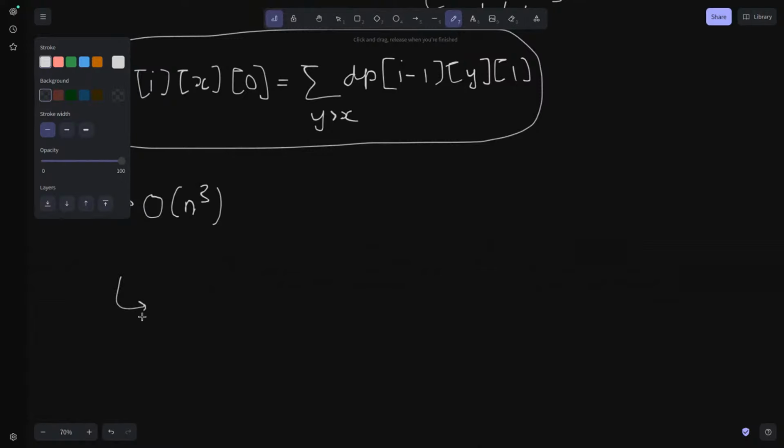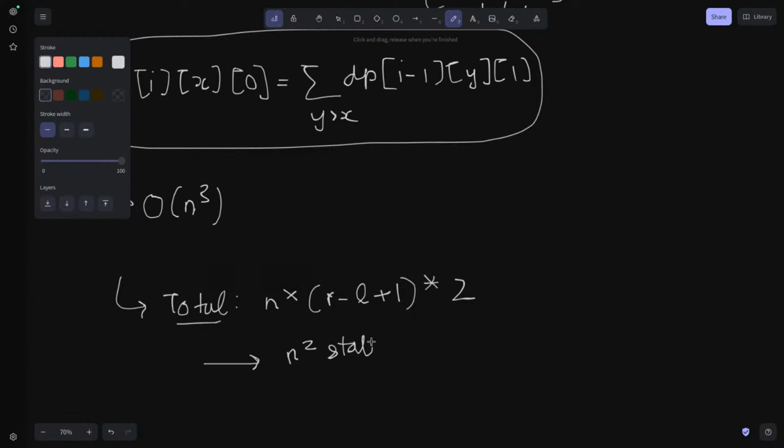Total states is equal to n times r minus l plus 1 times 2, right? So r minus l is at most 2000, n is also at most 2000. So the number of states will be n square states, right?